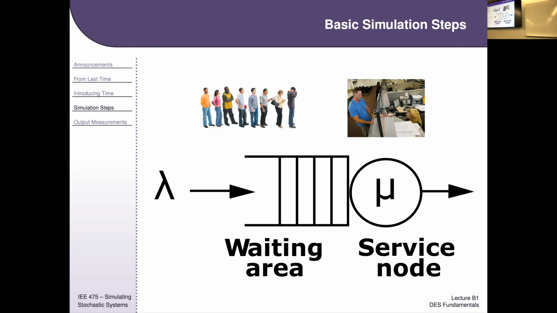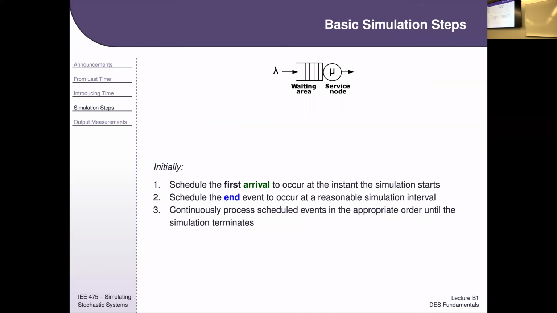This queuing network element is one that we can use to build lots of other different models. The rules that we're about to go over and how we manage the event calendar with this can be generalized to lots of other systems, and that's the reason why we're starting with this. In some ways this is a simplistic system, but in other ways it is usually a small component of most other very complex systems.